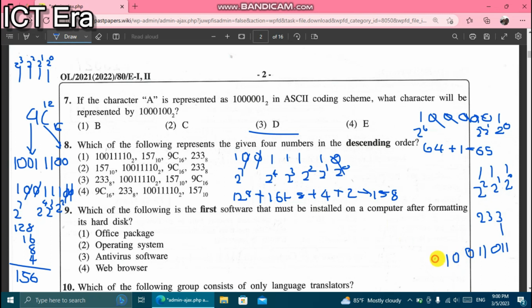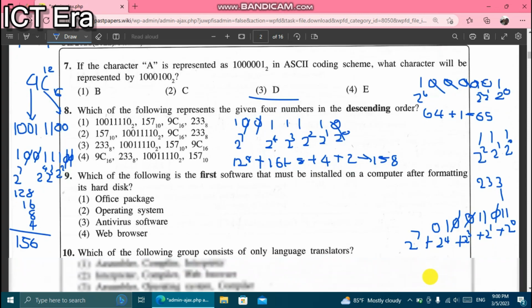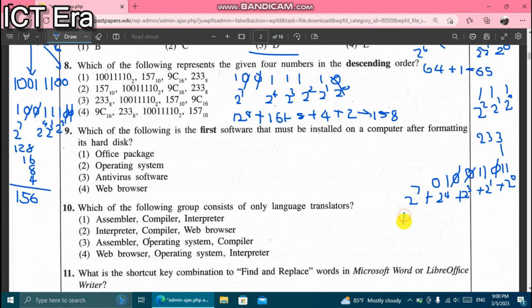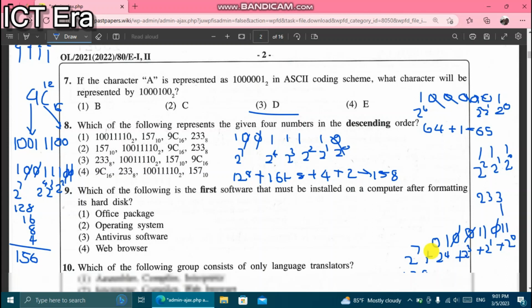Only by putting a 1 at 2 to the power 1. Then 2 to the power 0, 2 to the power 1, 2 to the power 2, again 2 to the power 3, 2 to the power 4, then 2 to the power 5, 2 to the power 6 and lastly 2 to the power 7. Then I can get the answer: 128 plus 2 to the power 4 means 16, 2 to the power 3 means 8, here 2, here 1. Then we get the answer 155.